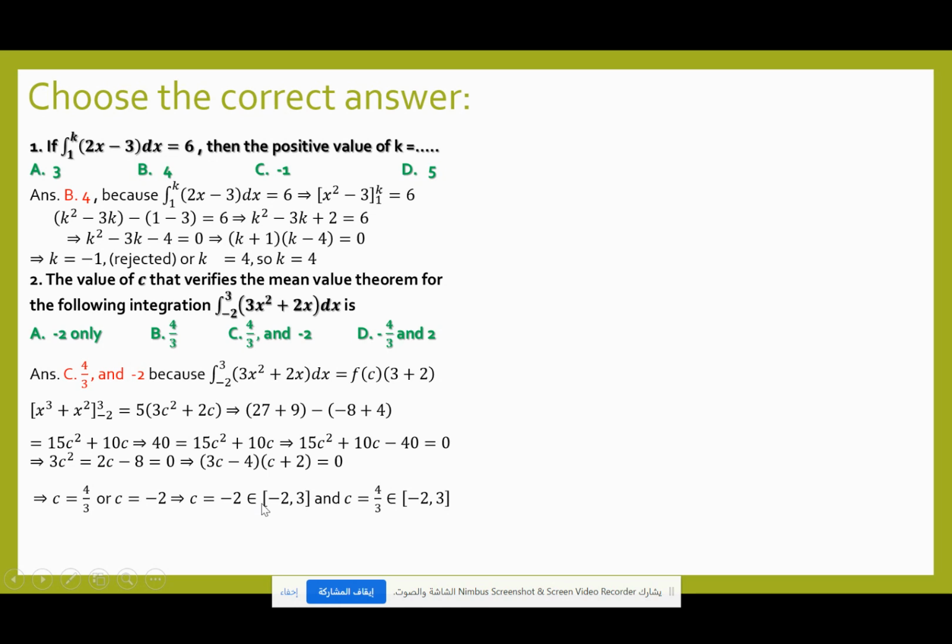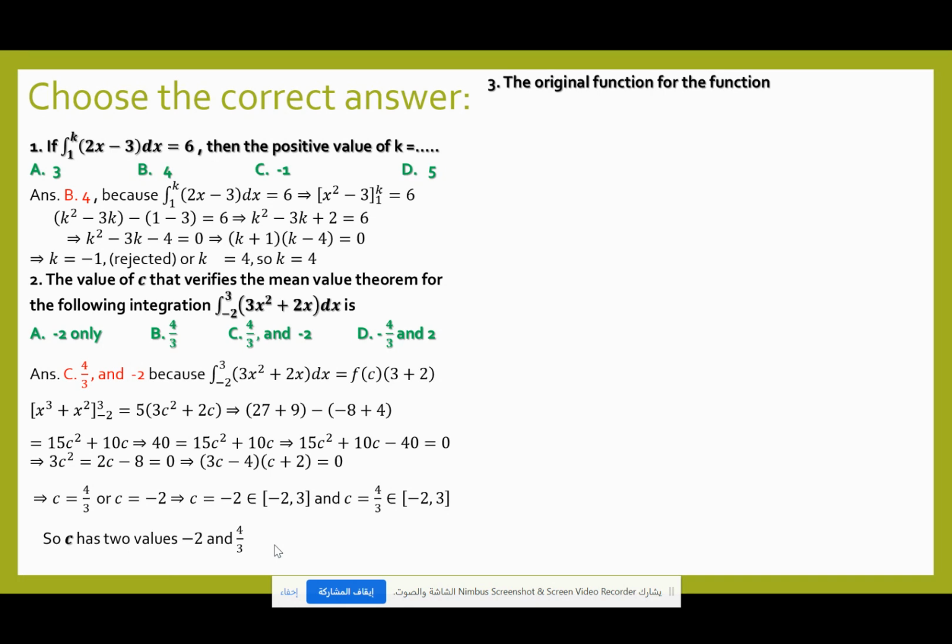So it belongs to the closed interval from negative 2 to 3. And what about that fraction? 4 over 3, which is 1.3333, belongs to the interval from negative 2 to 3. So we accept each. So C has two values, which are negative 2 and 4 over 3. No problem to have two values.